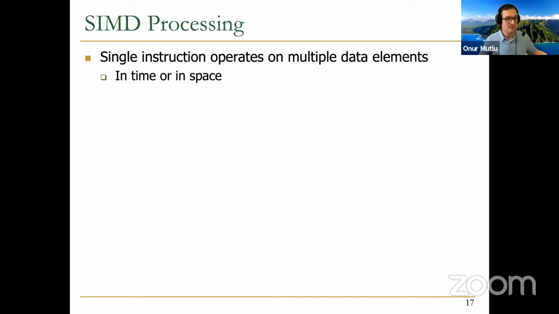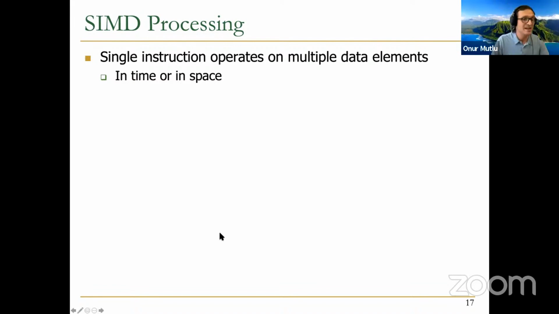So this is time. There's also space. You can actually add all of those vector elements concurrently because there are no dependencies between them, right? You could do the addition of every single ith element concurrently. So you may need 1 million units, of course, to be able to do that.